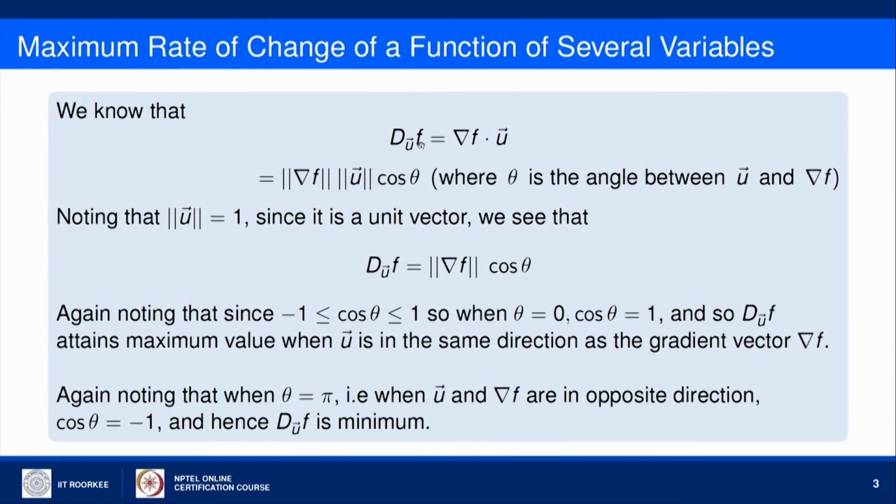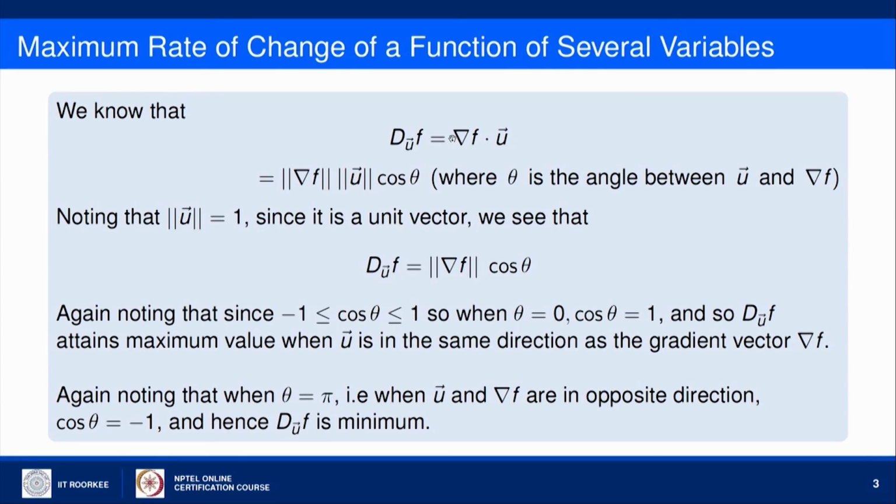Here we are taking f as a function of several variables. We know that the directional derivative of f in the direction of a unit vector u is given by the gradient of f dot product with the unit vector u. As we know, the dot product of two vectors a and b is given by magnitude of a multiplied by magnitude of b multiplied by cos theta, where theta is the angle between these two vectors.